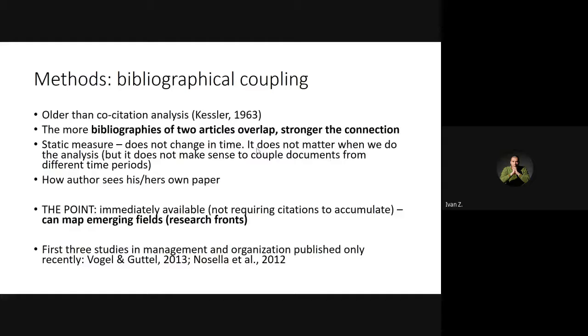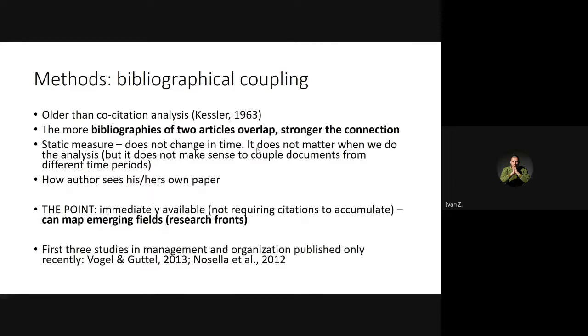The second method is bibliographic coupling. And this method is actually even older than co-citation. It was developed in the 1960s by Kessler in 1963. And as I mentioned earlier, the more the reference lists of two articles overlap, the stronger the connection. So if I write an article and 10 of the cited articles are the same as in another article, that means we're connected with a coupling strength of 10.